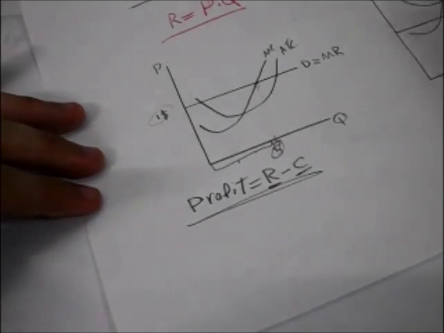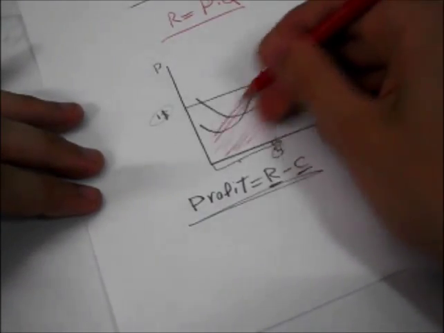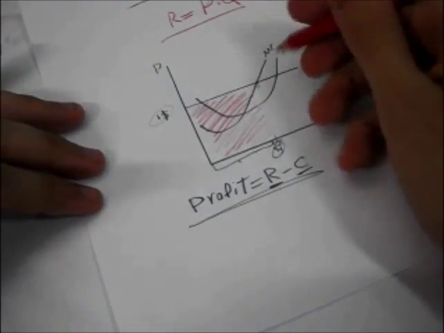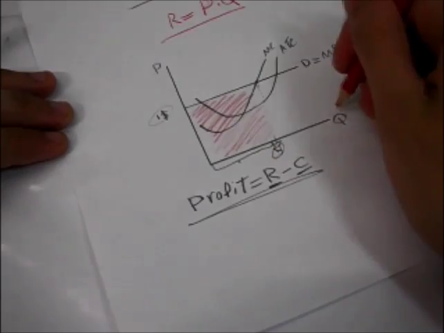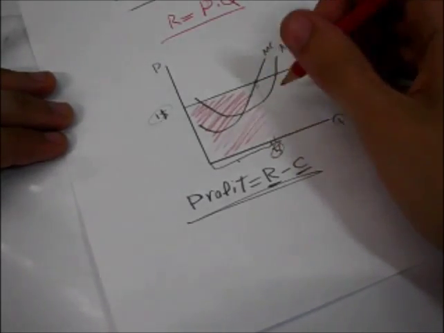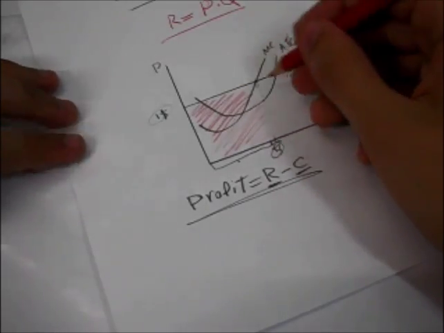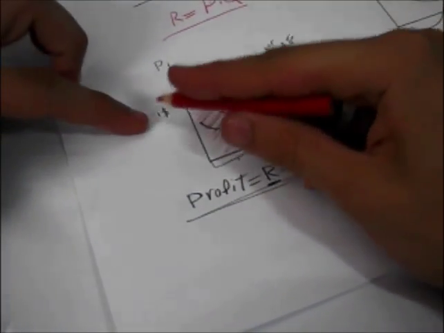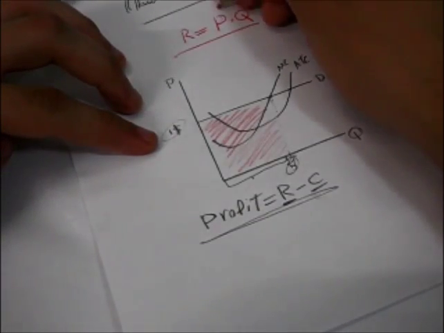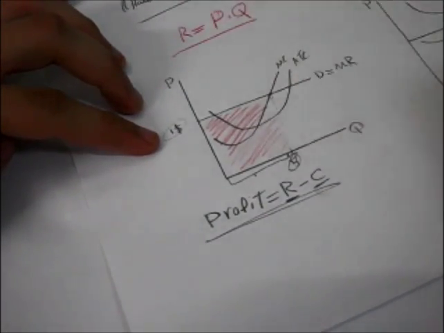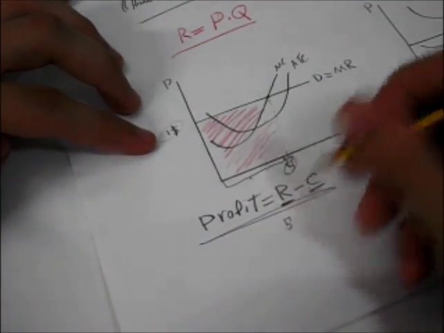So the revenues is this whole part. Once again, we just draw a simple line until it touches the quantity. This is the quantity that the firm is operating with. It's 5, and the price is 1. 1 times 5 is 5. So this is the revenues.